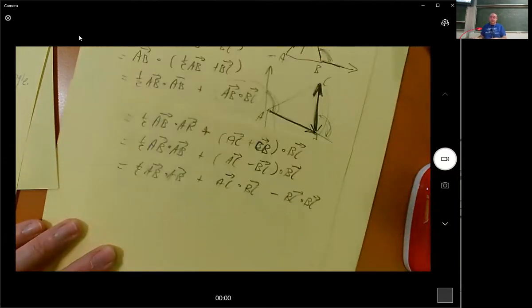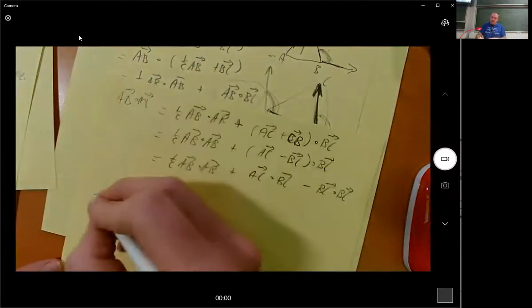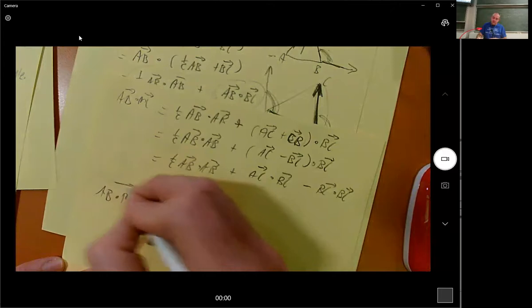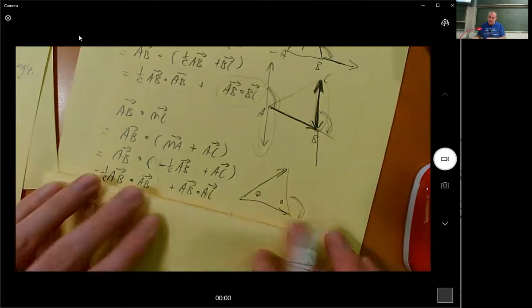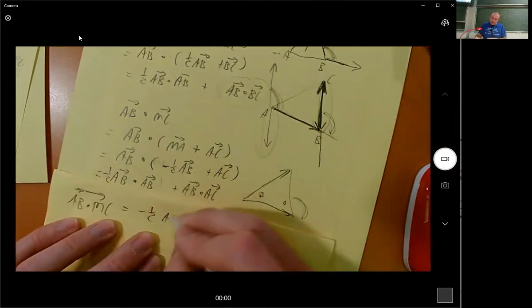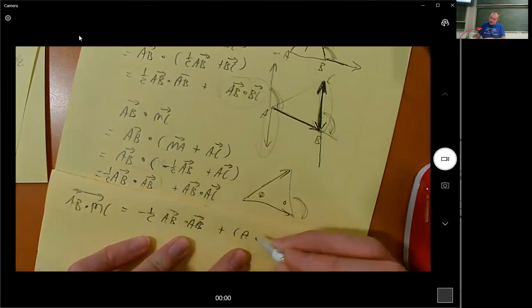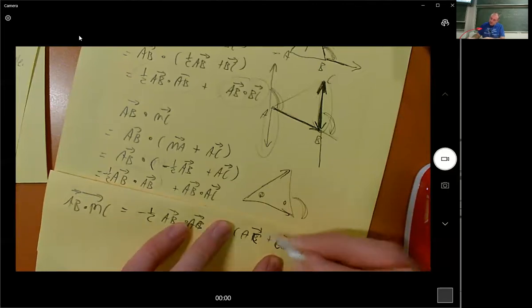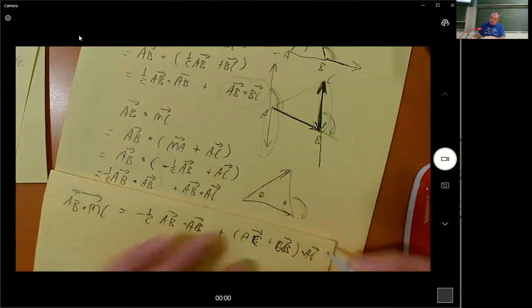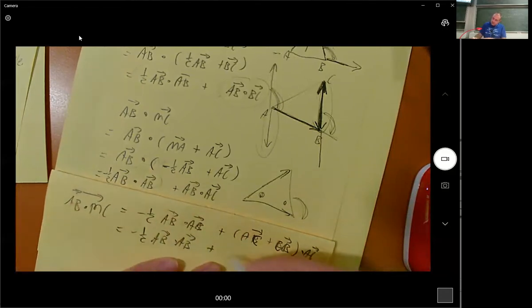That's that bit. But the other half, so this was AB dot MC, but AB dot MC is also, according to this one, minus a half of AB dot AB plus AC plus BC plus CB dot AC, which is minus a half of AB dot AB plus AC dot AC.